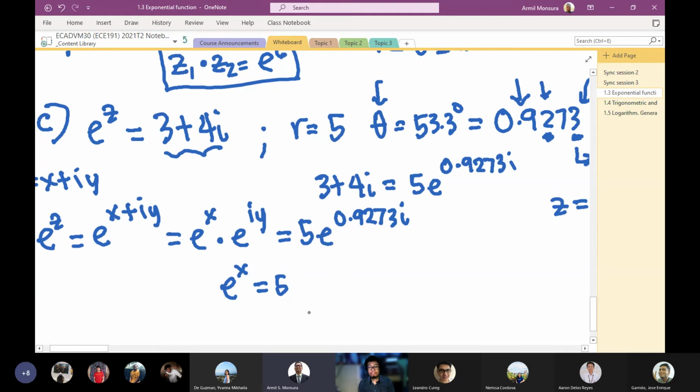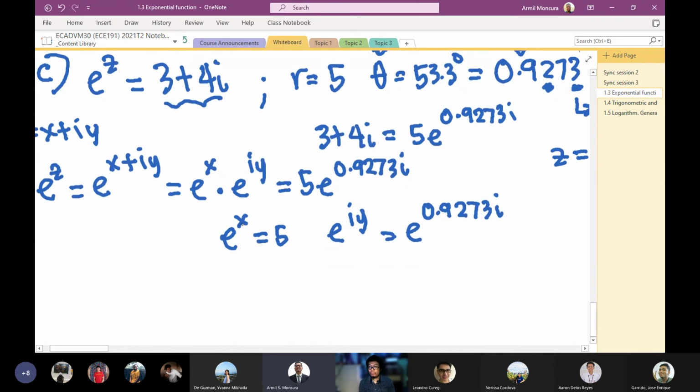Tama? And e raised to iy equals e raised to 0.9273i. Okay?